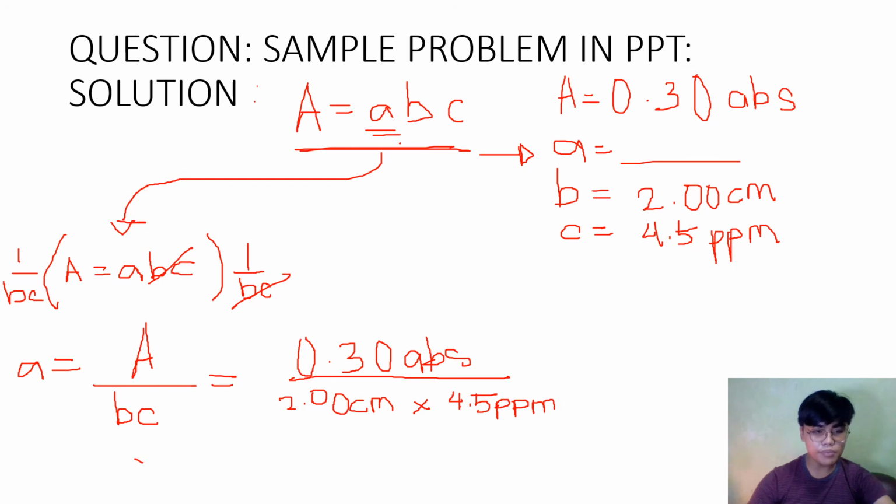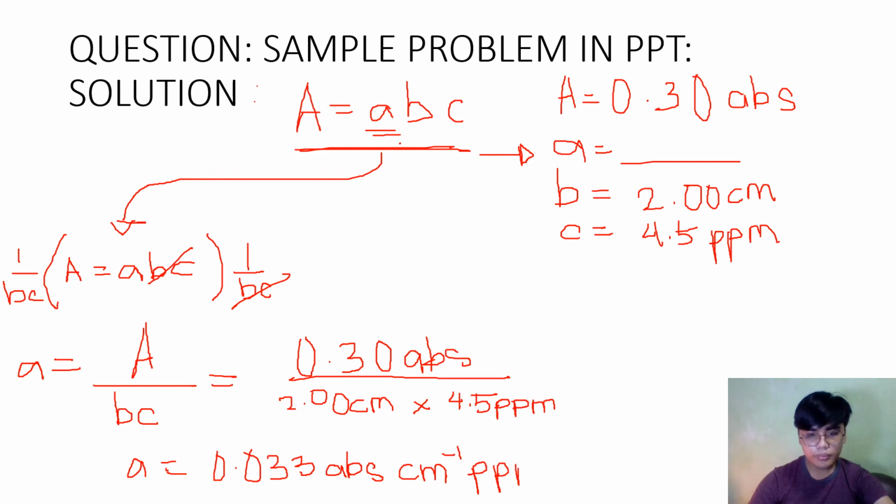So our absorptivity is equal to 0.033 ABS per centimeter ppm. So this is our absorptivity.